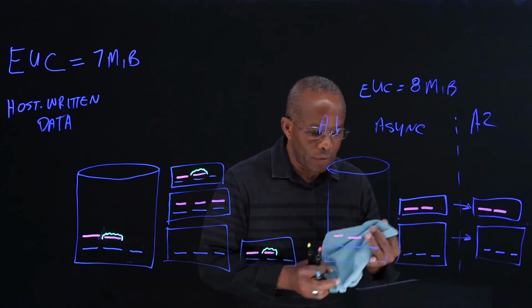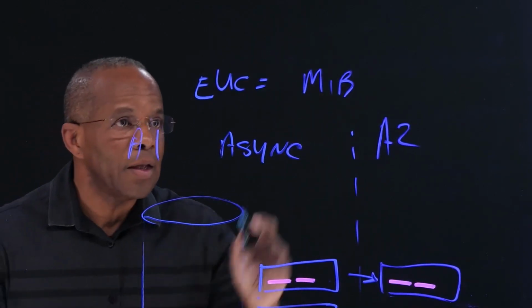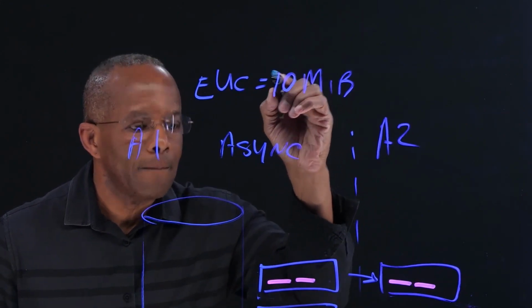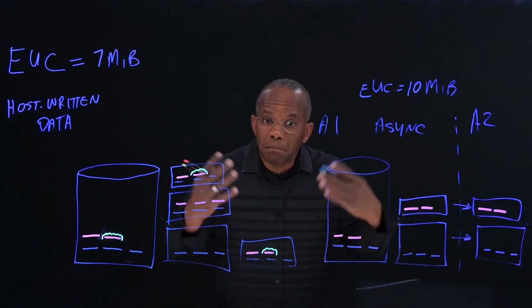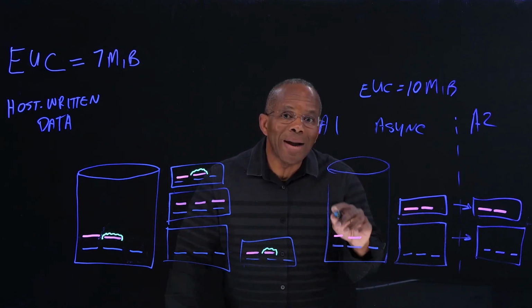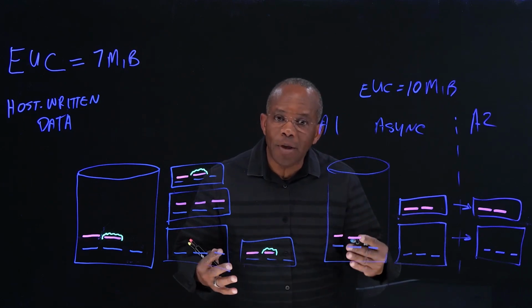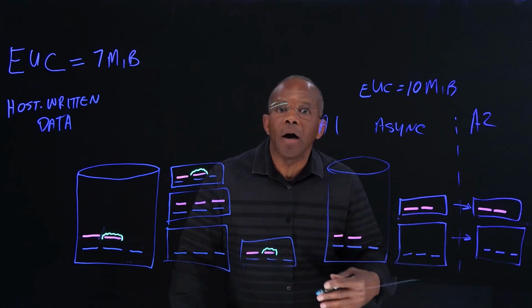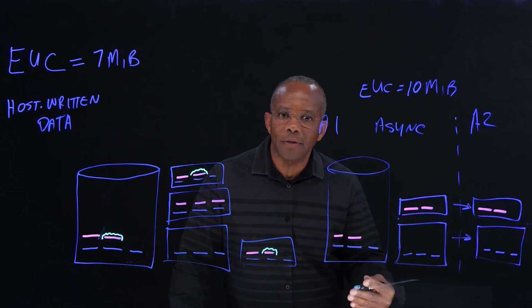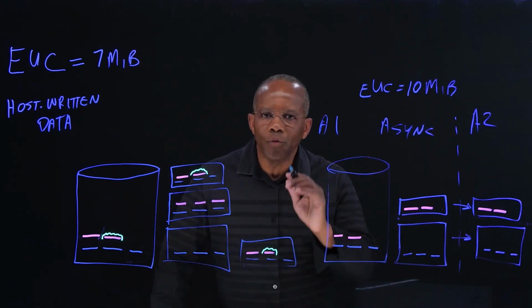So now in this case, our EUC increases to 10. Of course, the more arrays, the more effective use capacity. So you can see how your RPO might impact your EUC, and that is because EUC is calculated on an average daily basis.